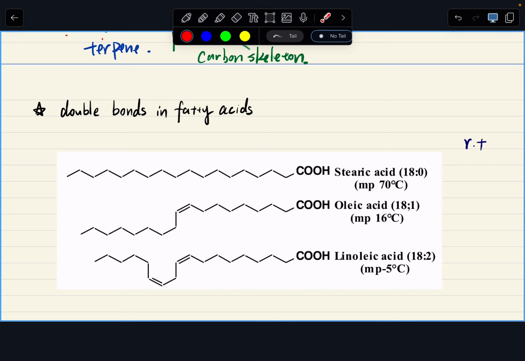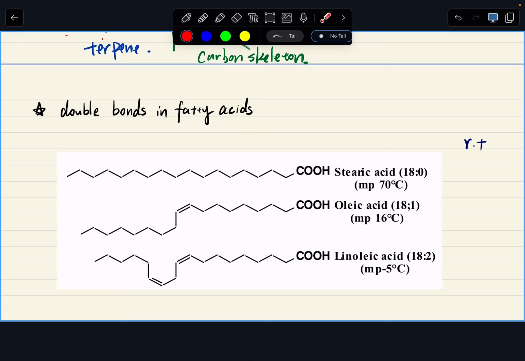But introducing a double bond, or introducing unsaturation, into your fatty acids introduces more spacing between your fatty acid molecules. Adding a double bond means you have more separation between the fatty acid molecules, and hence we expect these fatty acids with double bonds to have a lower melting point.